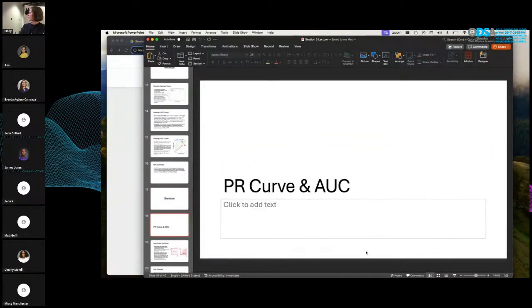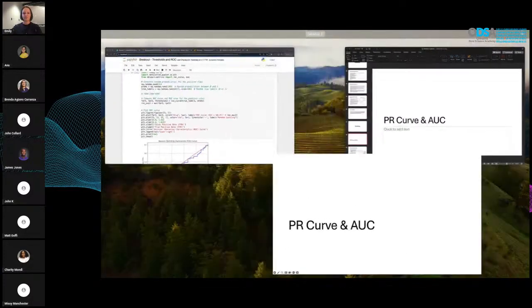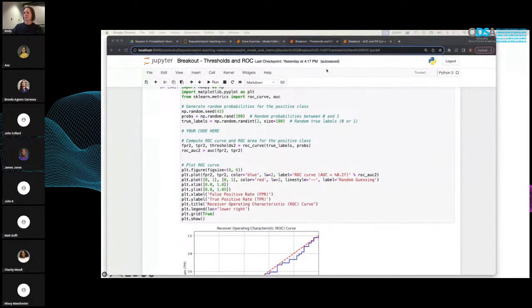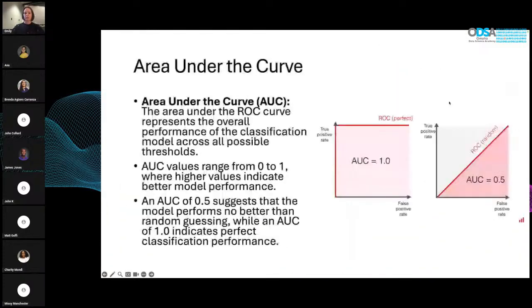And let's talk about the area under the curve, AUC. In the context of the ROC curve that we just discussed and you just plotted, the area under the ROC curve represents the overall performance of the classification model across all possible thresholds.